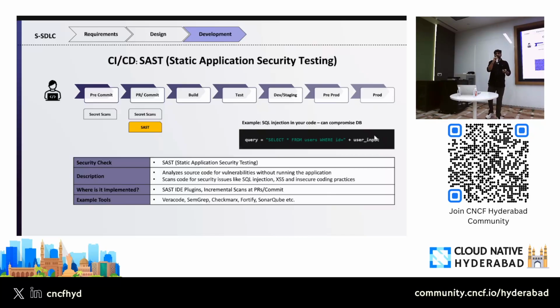These might be OWASP vulnerabilities like SQL injection, cross-site scripting, or any insecure coding practices. It lets the developer know: you just committed this code and you have an issue here, SQL injection. So in a few minutes he gets the feedback and fixes it then and there.